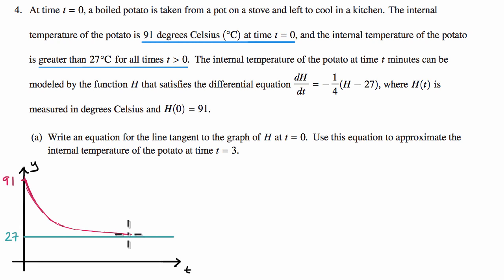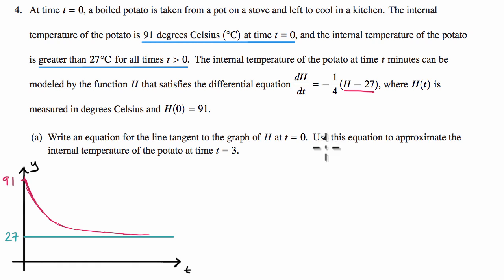So this is what you would expect to see, and this differential equation is consistent with that. Notice this is for all t greater than 0, so this is going to be a negative value, because our potato is greater than 27 for t greater than 0, so this part here is going to be positive. But then you multiply positive times -1/4, you're constantly going to have a negative rate of change, which makes sense. The potato is cooling down.